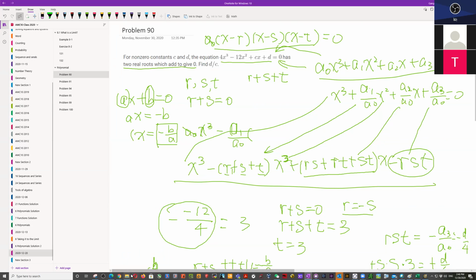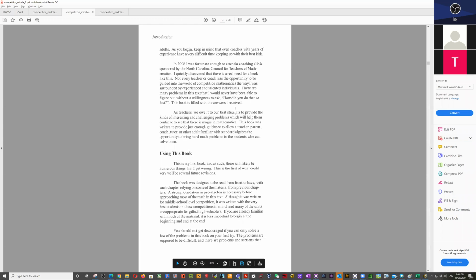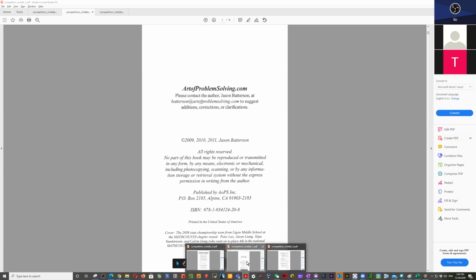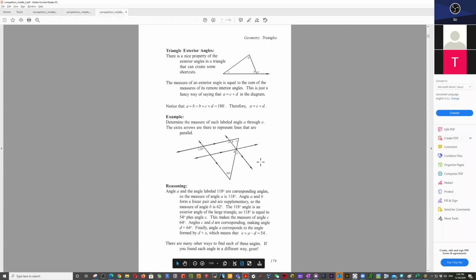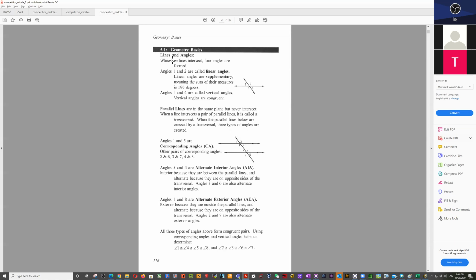Let me use the PDF file. Geometry, although these are things you already know, I'm going to go through very fast.